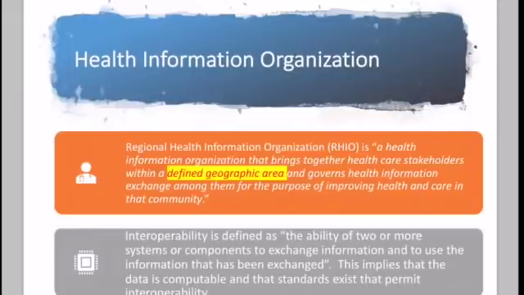As I mentioned early, we could have the HIU at the federal level and we could have the HIU at the regional level, and we define that a regional health information organization, RHIO, is a health information organization that brings together healthcare stakeholders within a defined geographic area and governs health information exchange among them for the purpose of improving healthcare in that community.